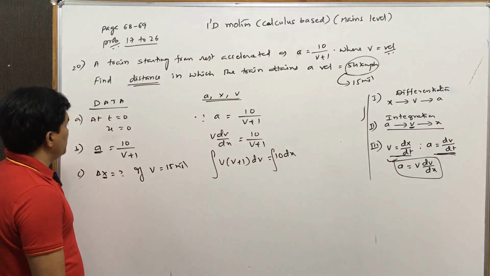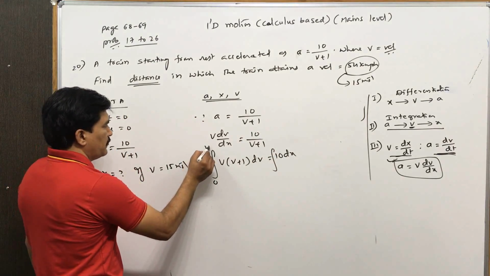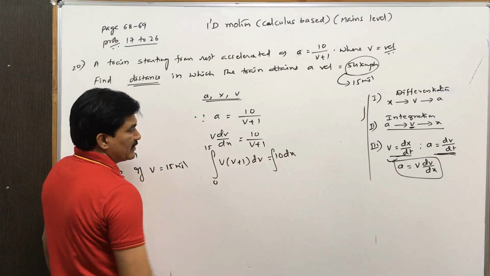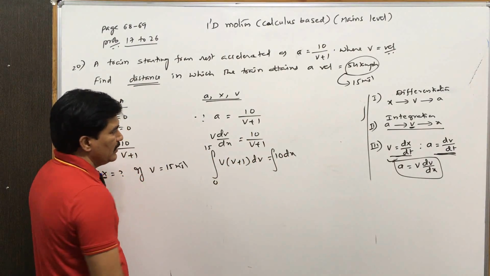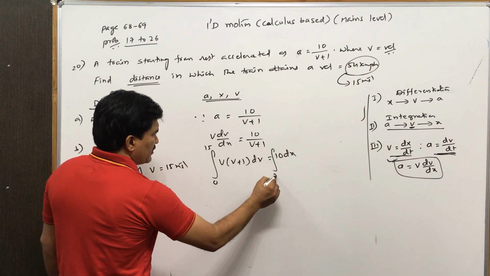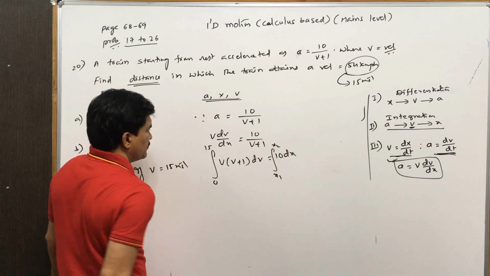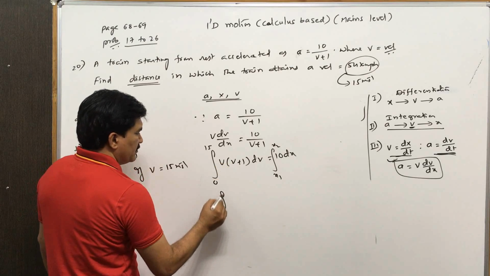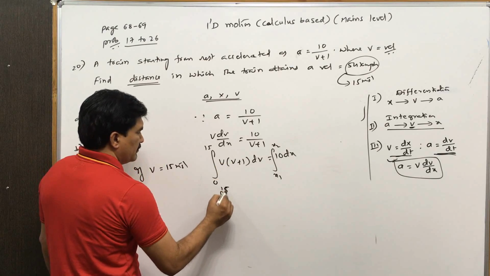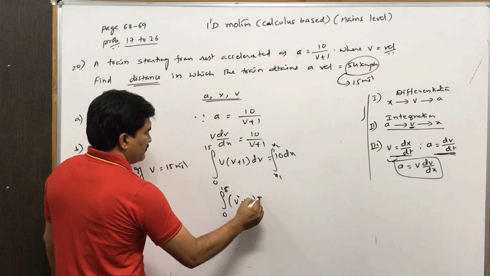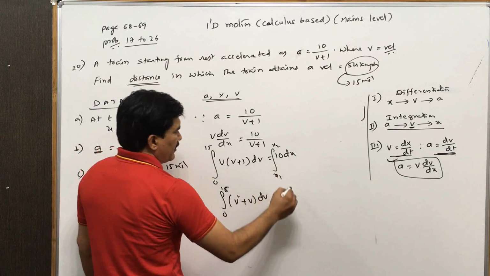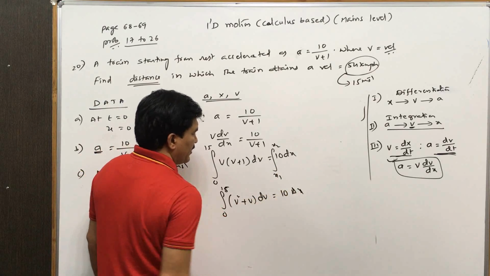Here velocity should be changed from 0 to 15. Here displacement I need, directly you will get, so no need of limits, otherwise you can take x1 to x2. Then this is nothing but the integral from 0 to 15 of v square plus v dv, which is equal to 10 times the integral of dx, which refers to delta x, that only I need to find out.